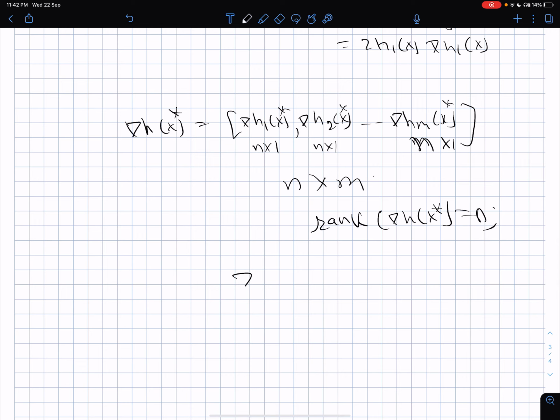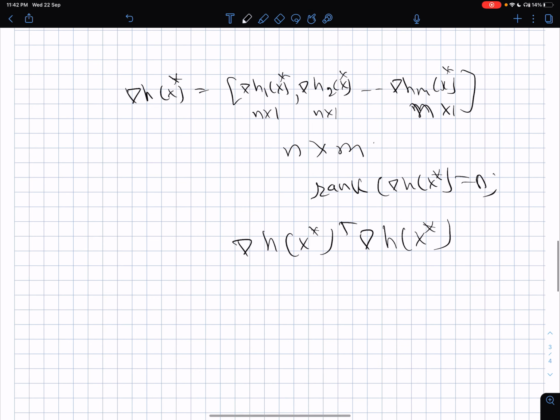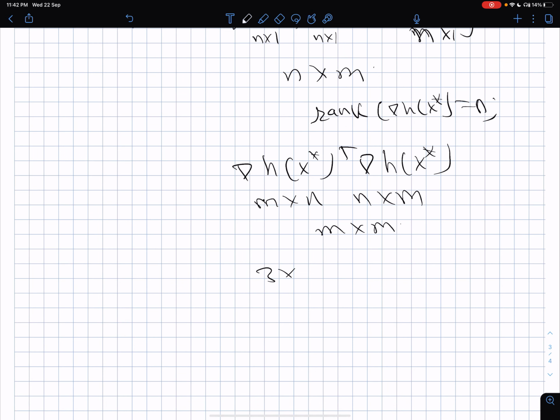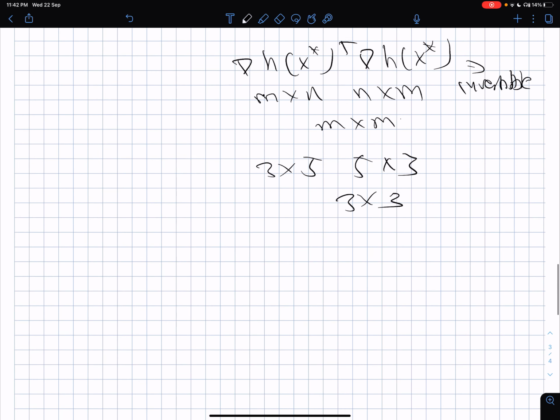So if I look at this matrix, multiply by its transpose, this becomes m cross n times n cross m. So this becomes an m cross m matrix, like 3 cross 5 times 5 cross 3, so a 3 cross 3 kind of matrix. And this matrix is invertible. Why is this matrix invertible?